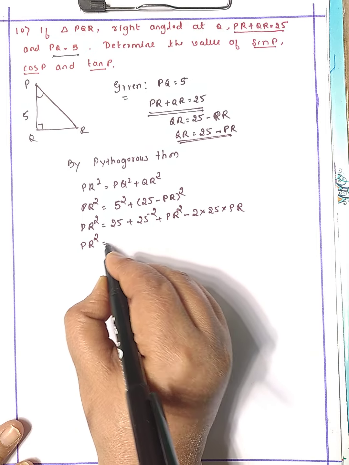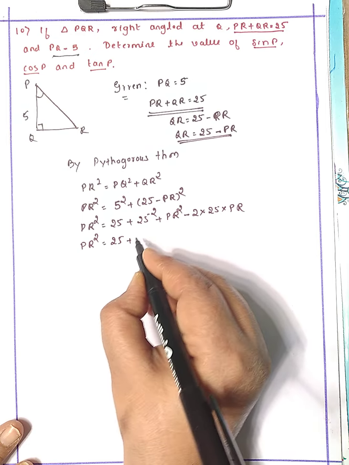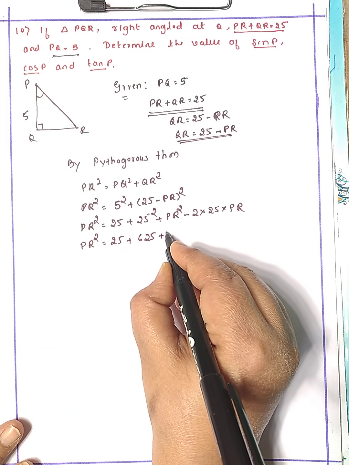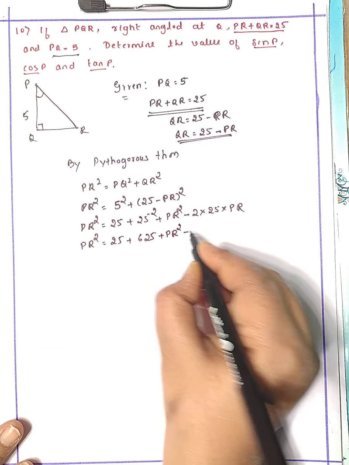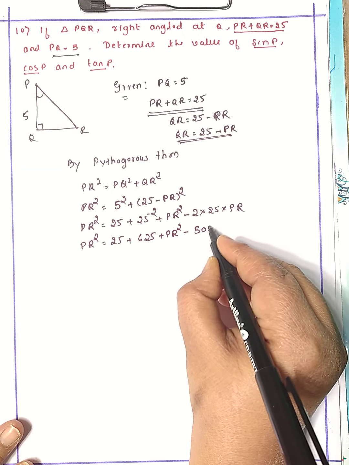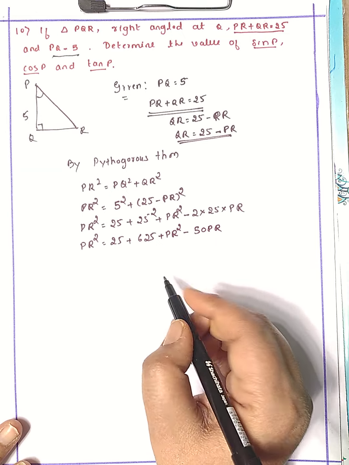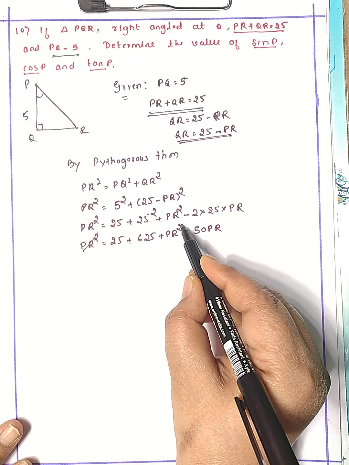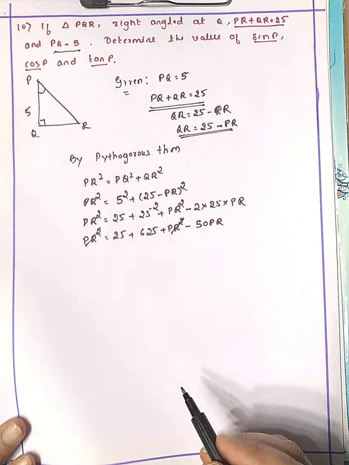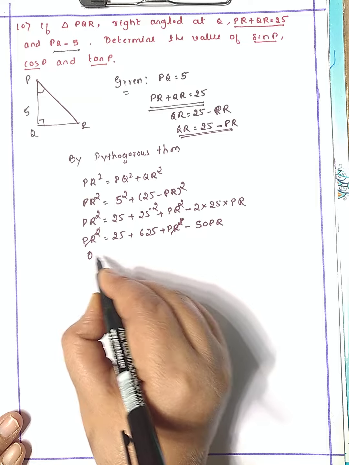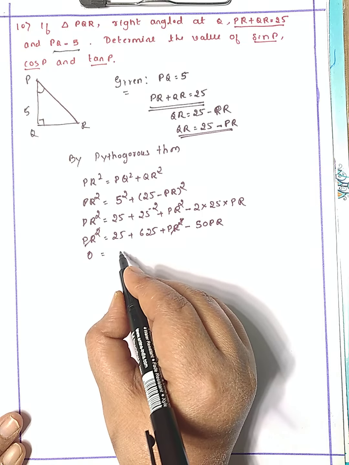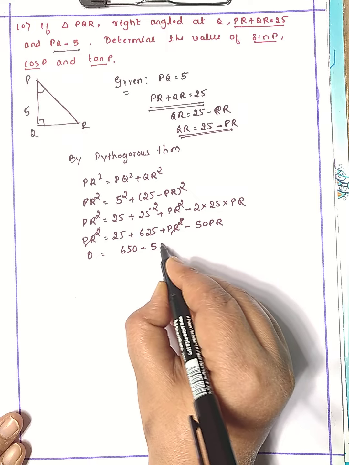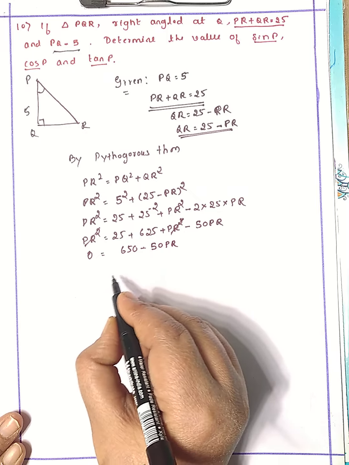So PR square equal to 25 plus 625 plus PR square minus 50 PR. Here PR square on LHS and PR square on RHS get cancelled. This becomes 0. 25 plus 625 is 650 minus 50 PR.